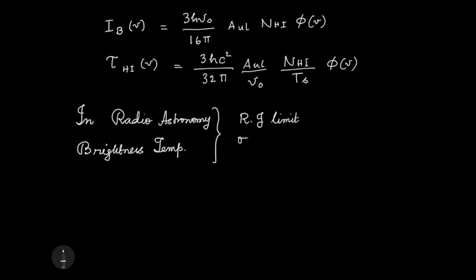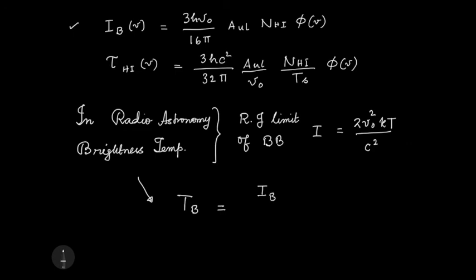the Rayleigh-Jeans limit of the black body spectra. In the Rayleigh-Jeans limit, let me write RJ, of black body, the specific intensity I is 2 nu naught square kT by c square.